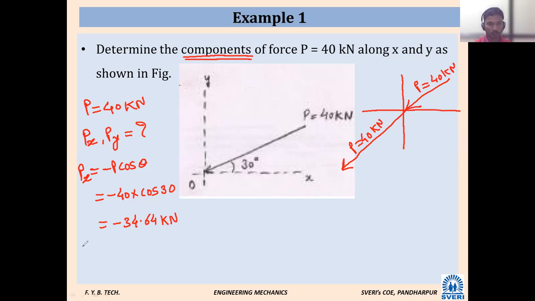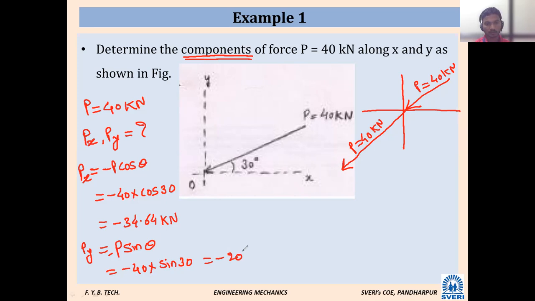Further, the y component Py, what is the formula? Again minus P sin theta. Very simple. So minus 40 into sin 30 equals 20 kilonewton, minus or plus?